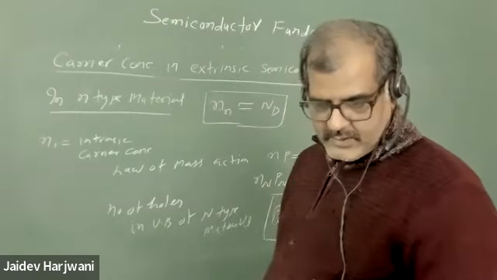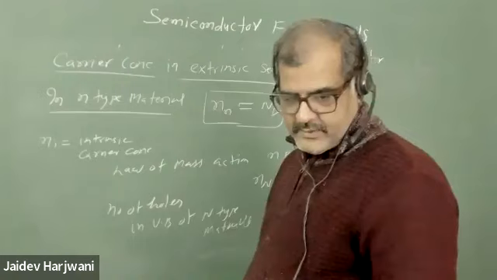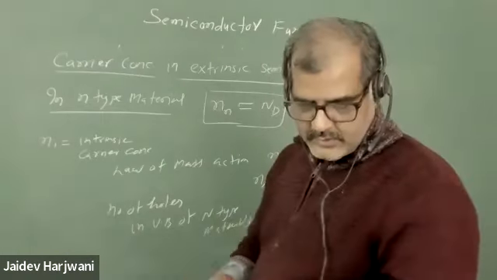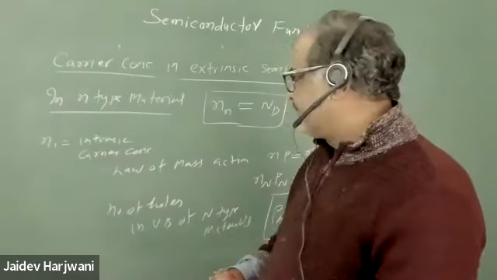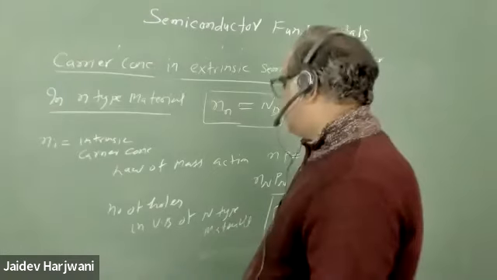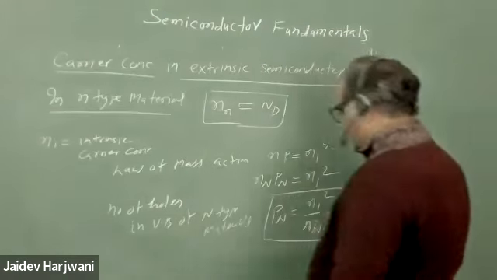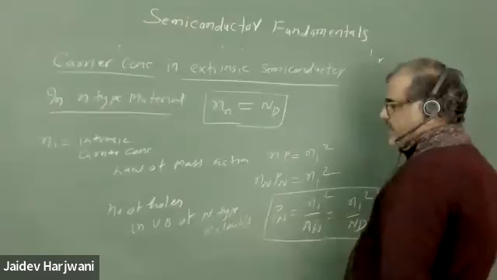So in n-type, the number of holes is less as compared to the number of electrons. The number of holes is of course very much less compared to your Nn.